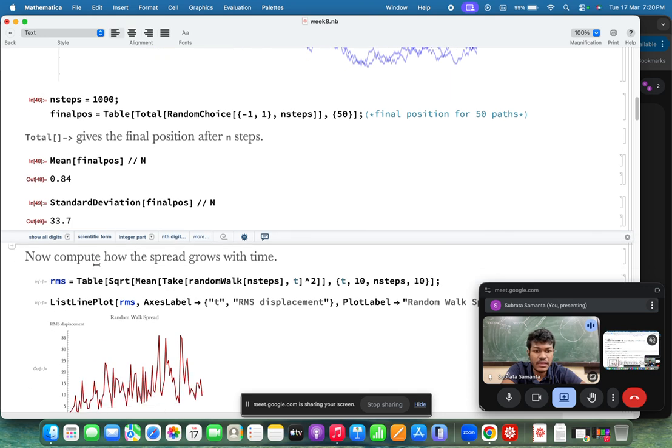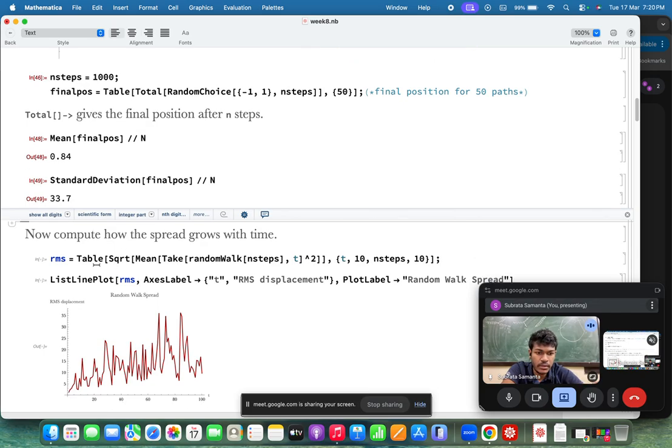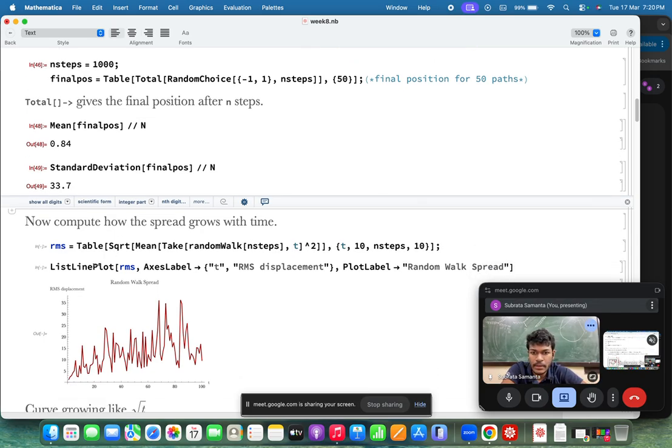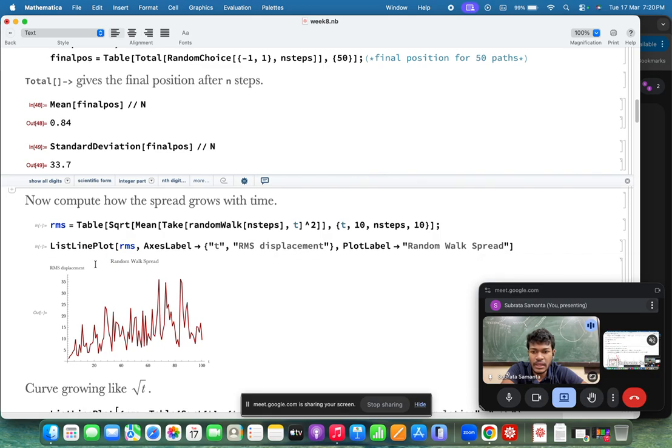Now I want to see how the spread actually grows with time, or basically the steps. So now I calculate the RMS. How do we calculate the RMS? It is basically root mean square.